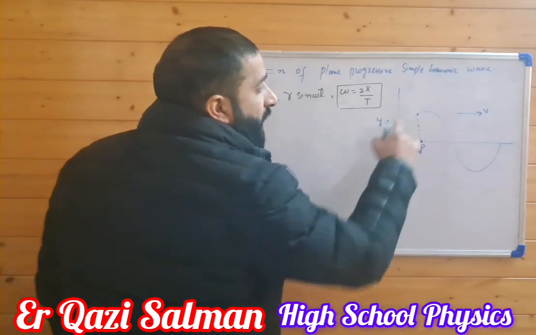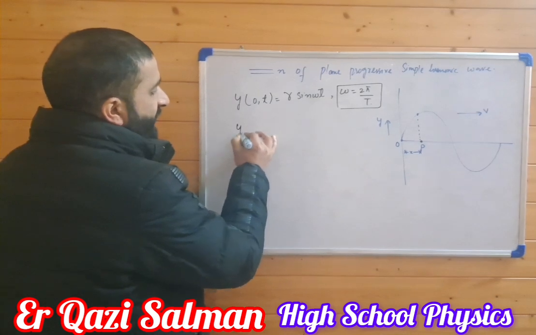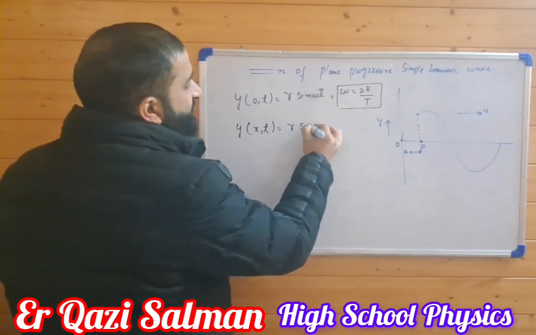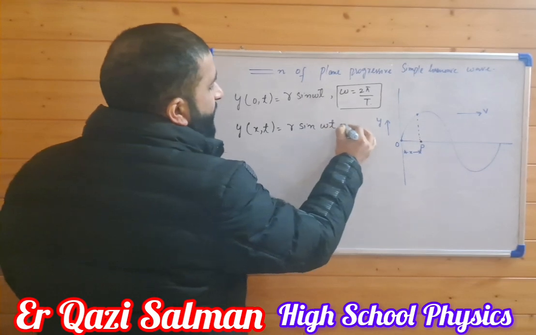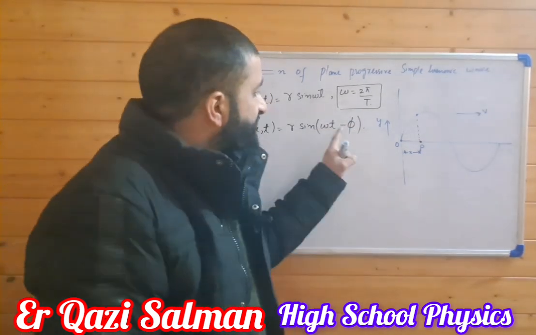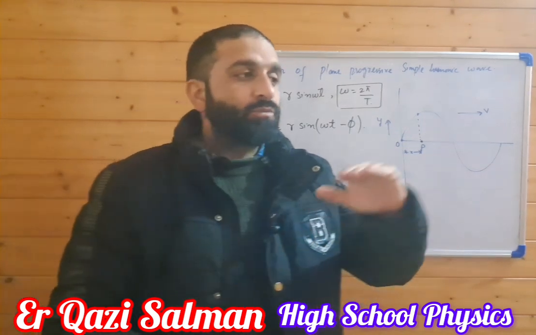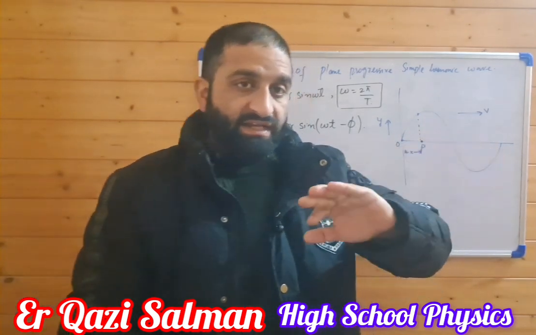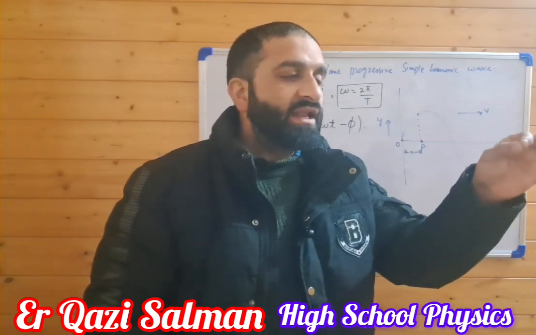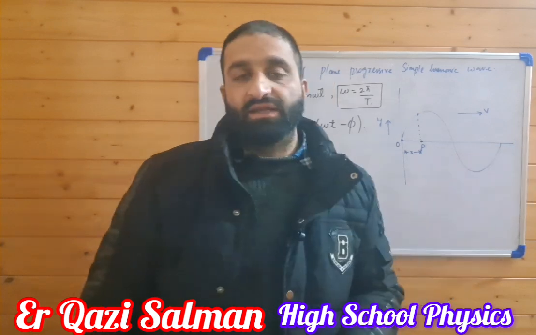So when we talk of the displacement of the particle P, that is y at x comma t is equal to r sine of omega t minus phi. This minus phi is the phase lag, because as the wave progresses, there is a phase lag between the particle vibrating later and the particle vibrating earlier.